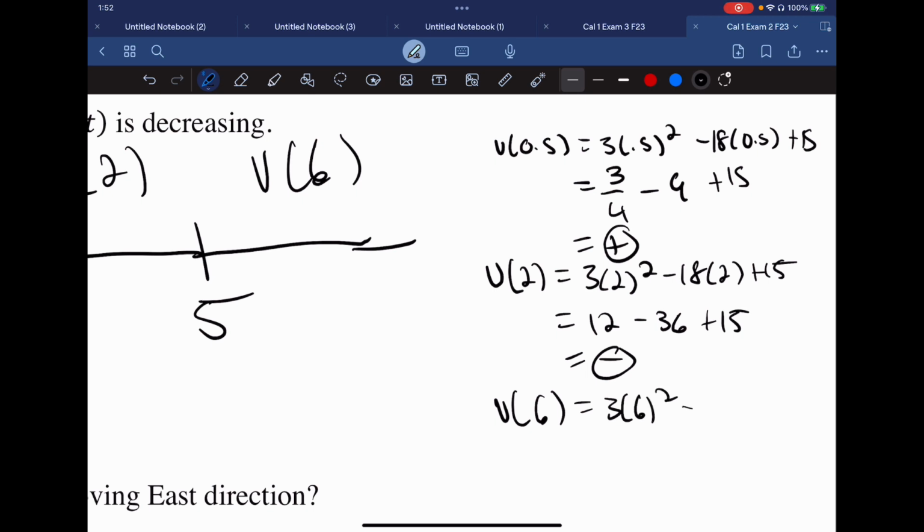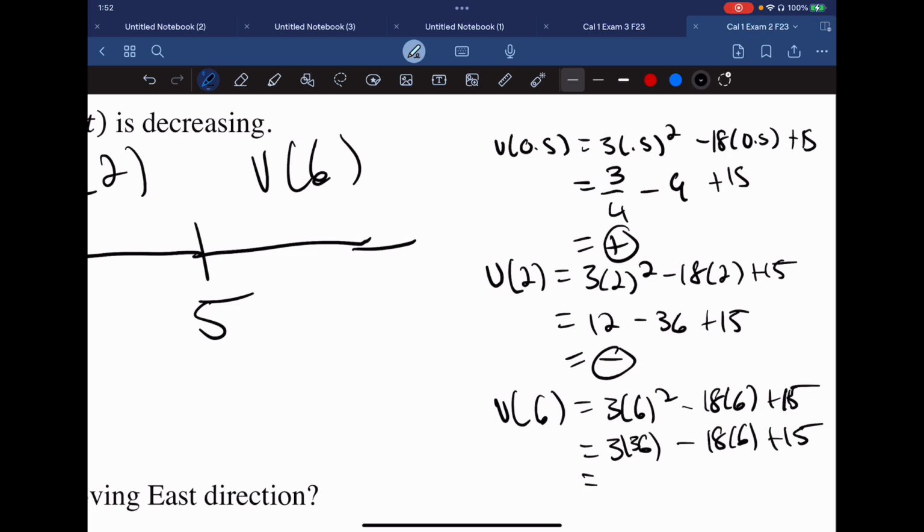3 times 6 squared minus 18 times 6 plus 15. Let's do the math for this one.